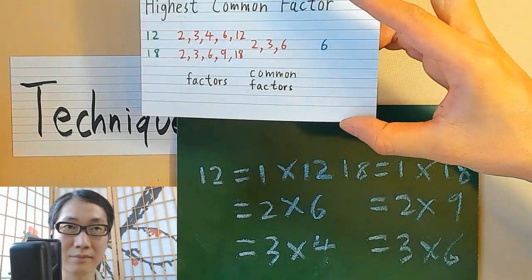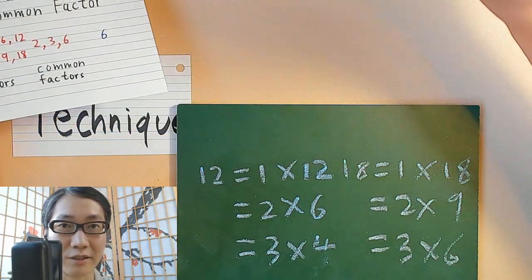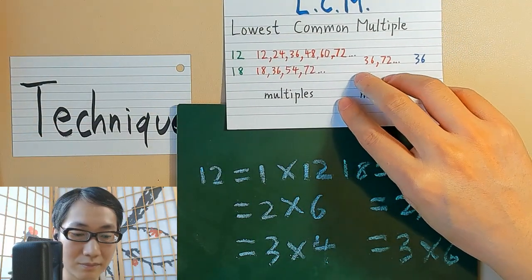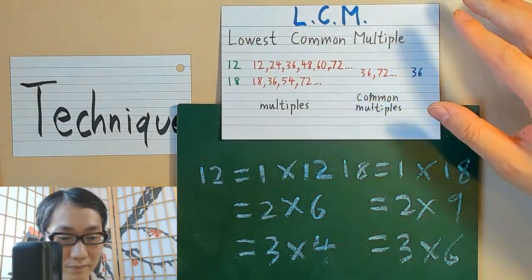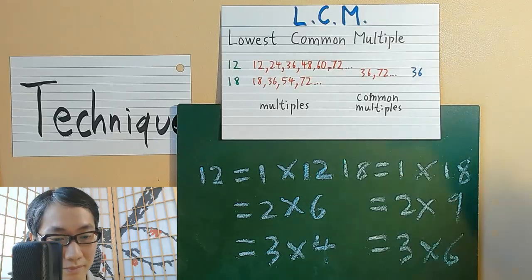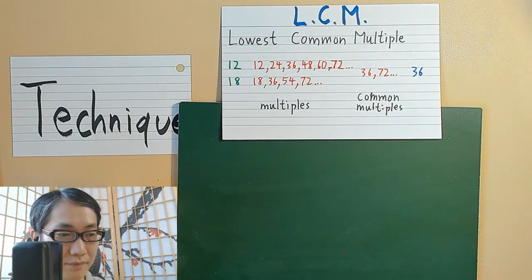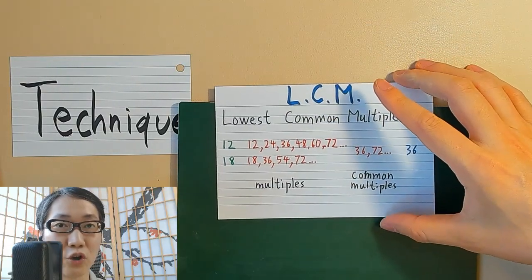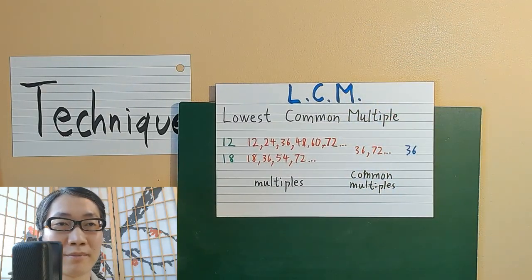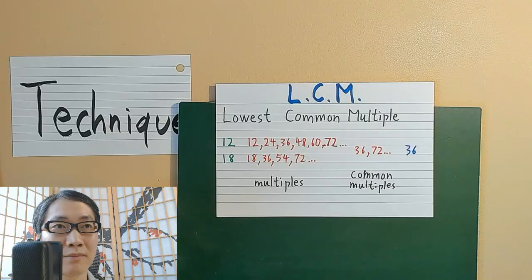Then look at LCM. LCM is short for lowest common multiple. Multiples are products of the number multiplied by a positive integer.